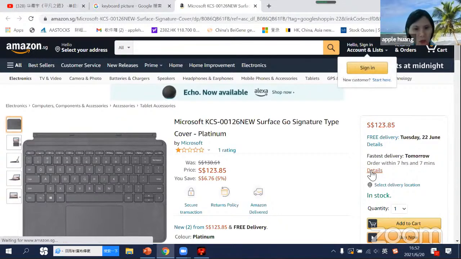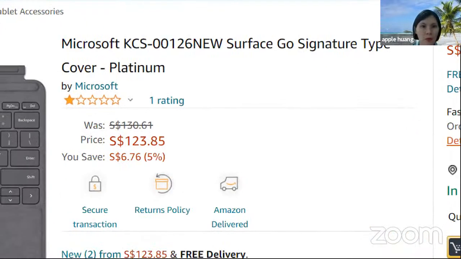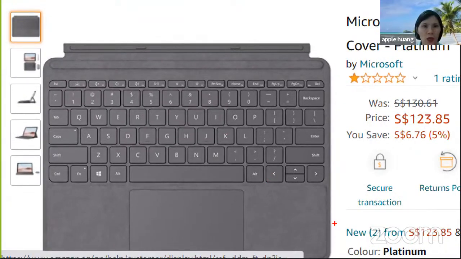So what you need to do is just press ALT, and at the same time, you press any digit here. This sign is plus, so ALT plus any digit.